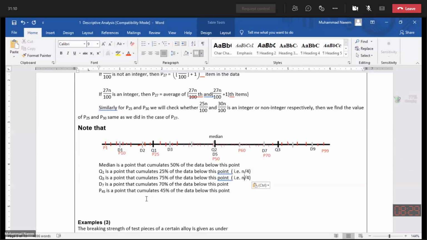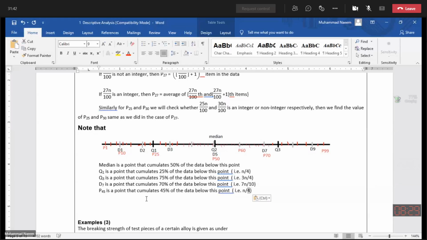For Q3, this ratio will be 3n by 4. For D7, this ratio will be 7n by 10. n by 10 is a 10th part, and 7 times the 10th part means 70% of the data.